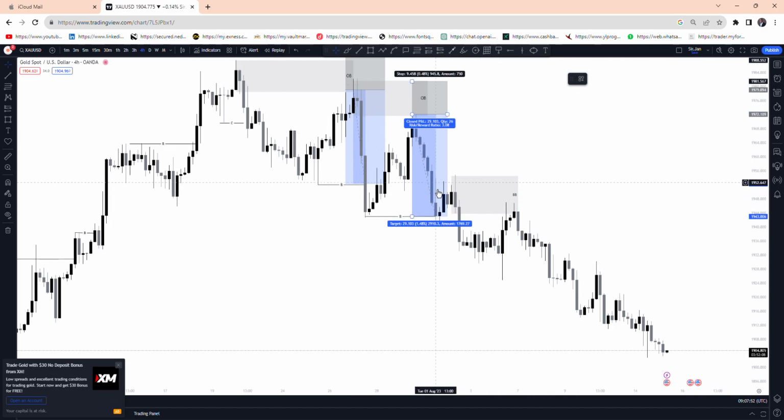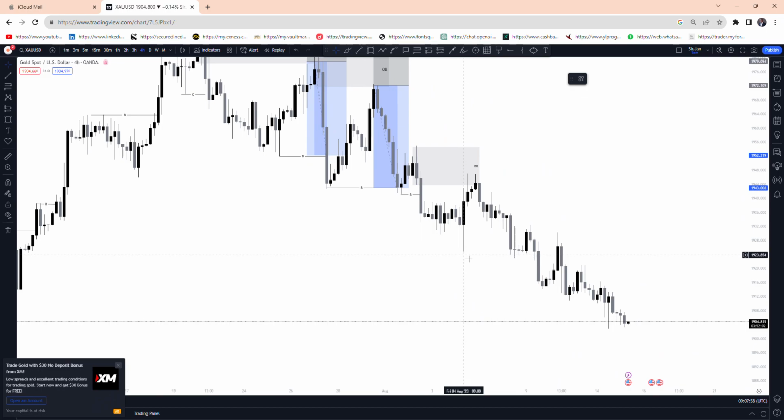Breaker block, the BB. This is our breaker block. It comes here, it taps us in. My target would be here. I'll take profits here. It continues giving us breaker blocks. So this is what my target would look like.